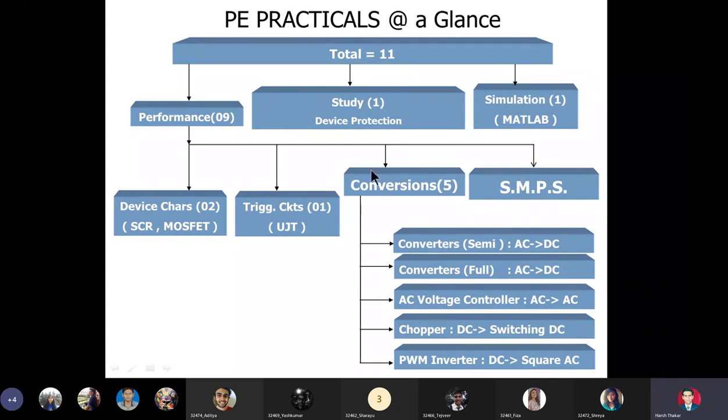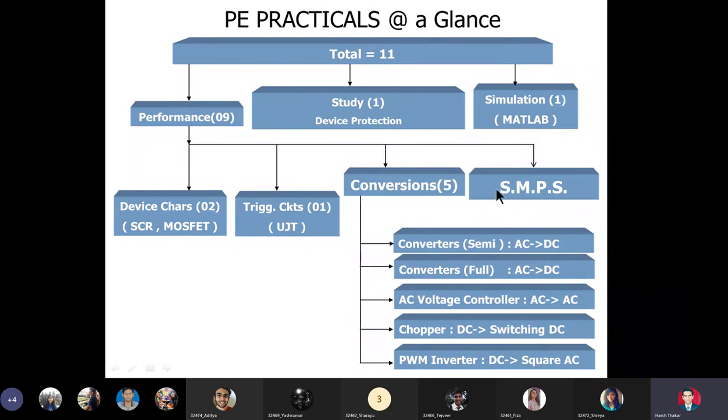As far as study experiment is concerned, the title is study of over voltage and over current protection of power devices. It's a write-up which is already there, and at the right time the write-up will be shared with you. You have to just write it with hand on rule pages, that's it.